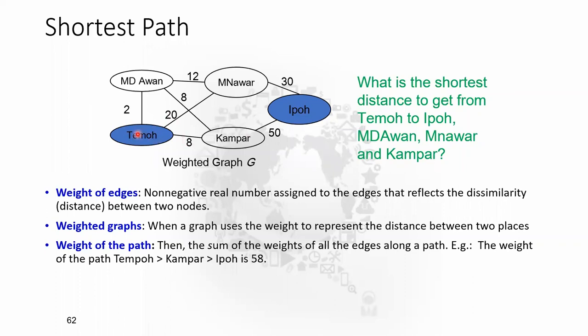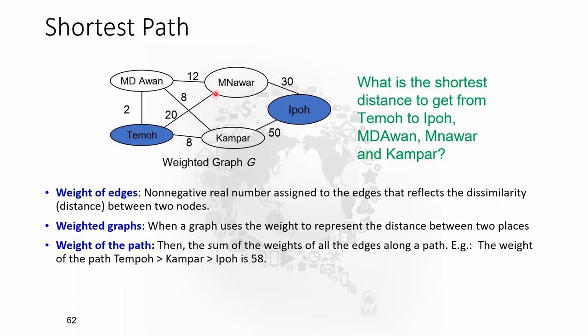If you want to travel from Thermo to Ipoh, there are actually different routes: Thermo, Kampar, Ipoh, or Thermo, MD Awam, M Nawar, and Ipoh, or Thermo, M Nawar, and Ipoh. So what you have to do is find the shortest distance. Each edge here has a weight.